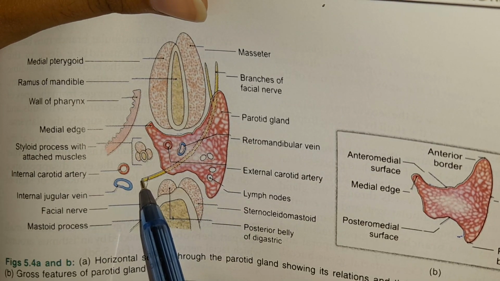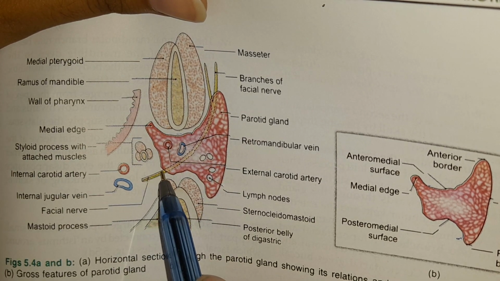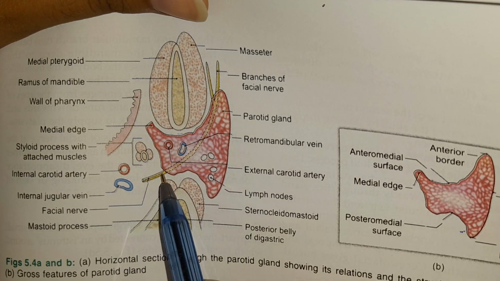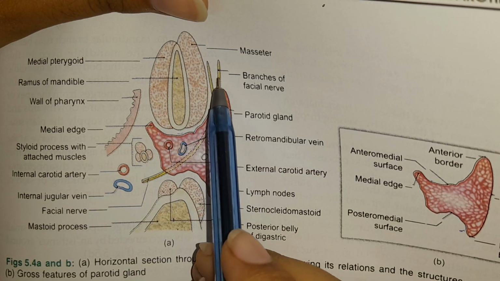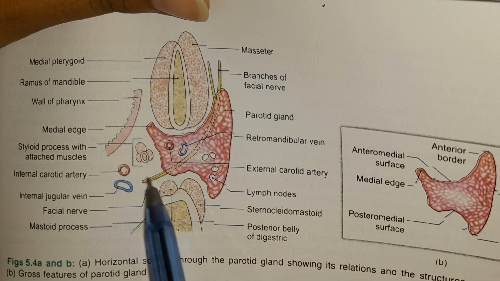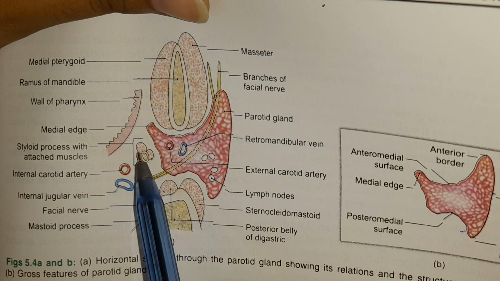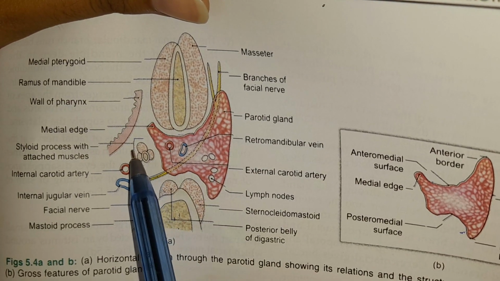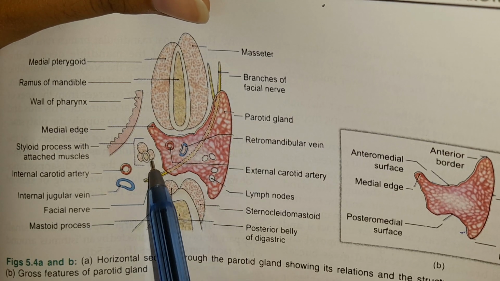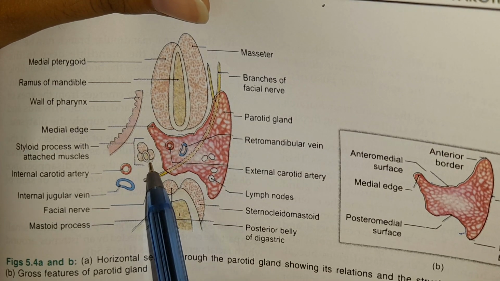Now we have the facial nerve entering from the posteromedial surface, and majorly it is exiting from the anteromedial surface. Then we have the styloid process with all the muscles that are attached to it, which is also related to the posteromedial surface.